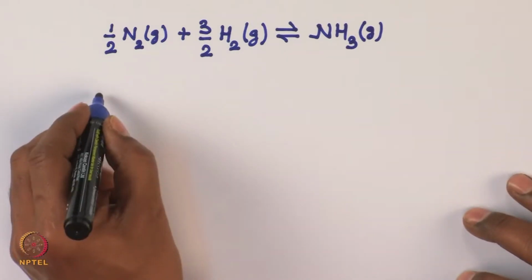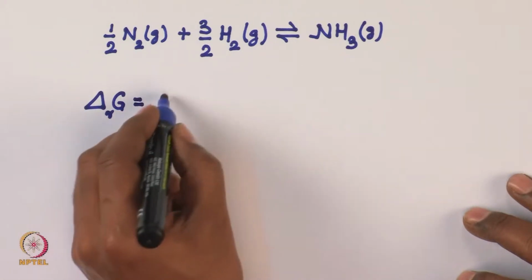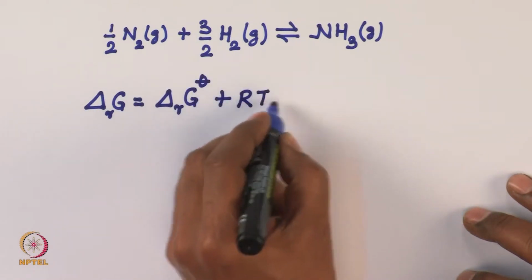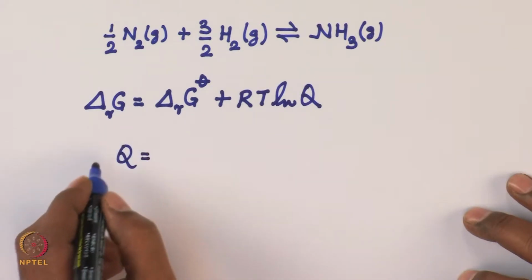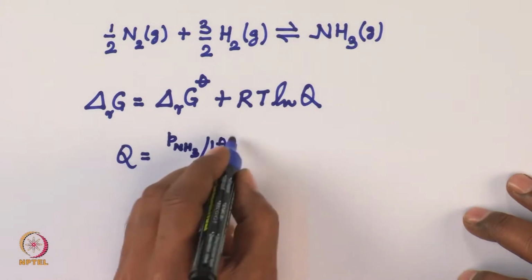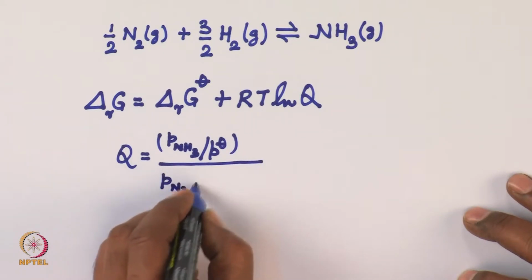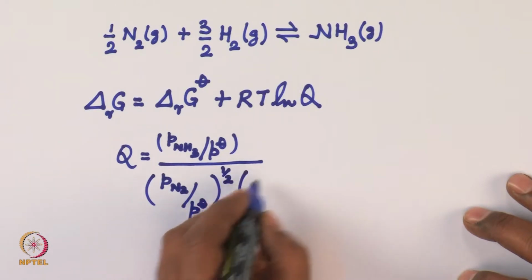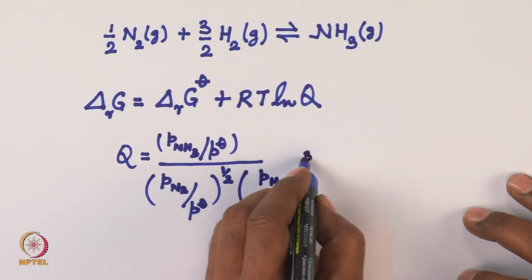For this reaction, I can write reaction Gibbs energy is equal to delta R G naught plus RT log Q, and Q will be equal to partial pressure of NH3 by P naught divided by partial pressure of nitrogen by P naught raised to the power 1/2 into partial pressure of hydrogen by P naught raised to the power 3/2.